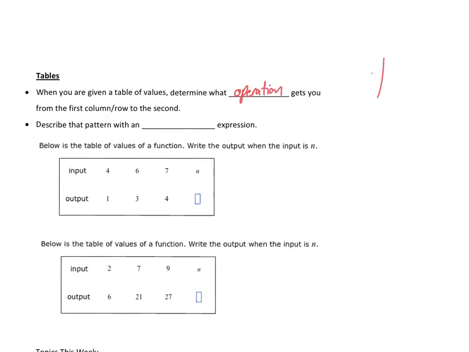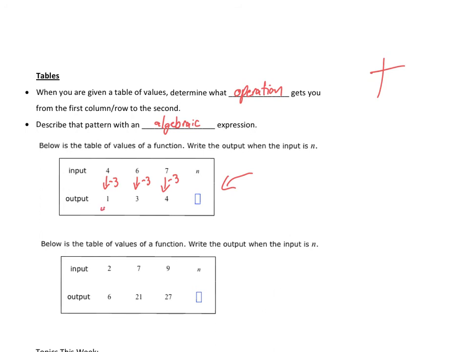I like it set up as T-charts. Alex sets it up as input-output. Okay, so we're going to start with the input, end up at the output. We could divide by 4 or subtract 3. Here we're going to subtract 3. That is my operation. So I'm going to describe that pattern with an algebraic expression.